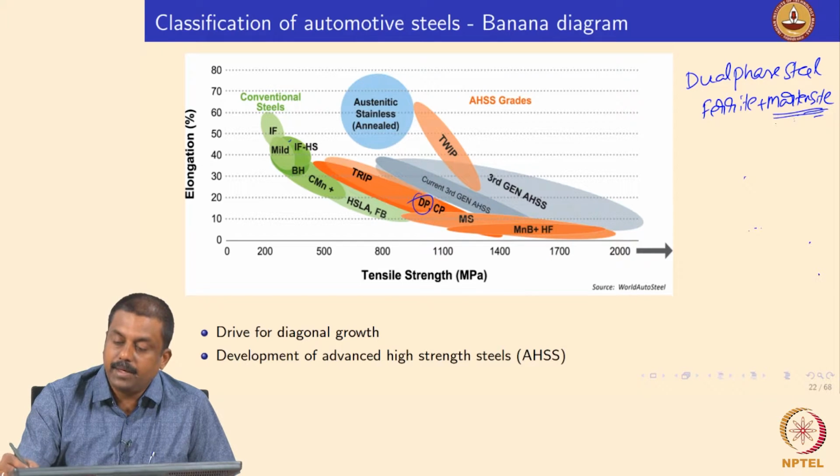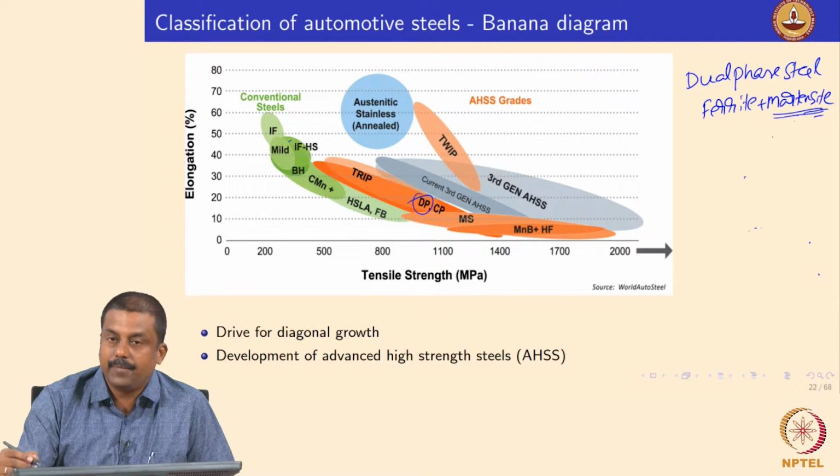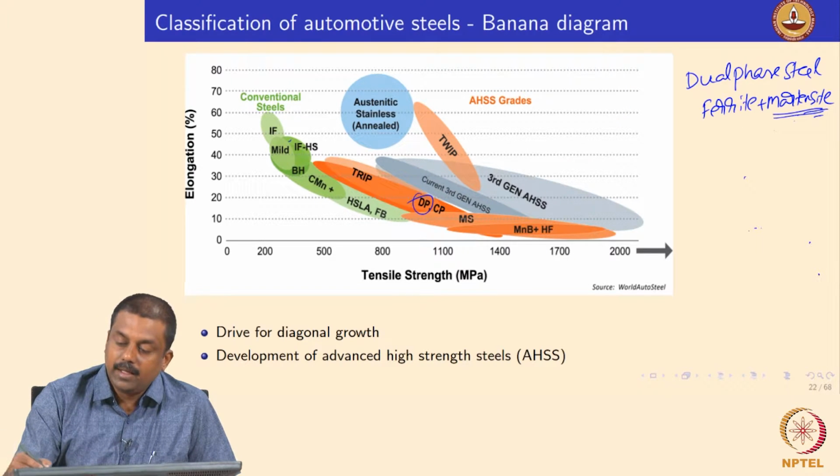And we can make use of the advantage of the mechanical properties of martensite and the volume expansion that happens when the martensite forms in austenite or the surrounding ferrite matrix. In subsequent slides we will see what advantage this microstructure is going to bring.